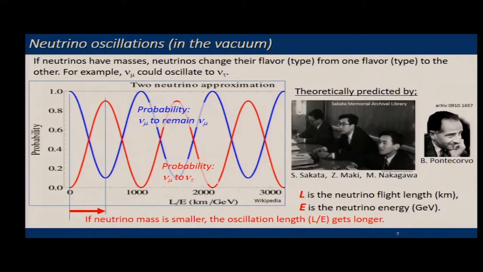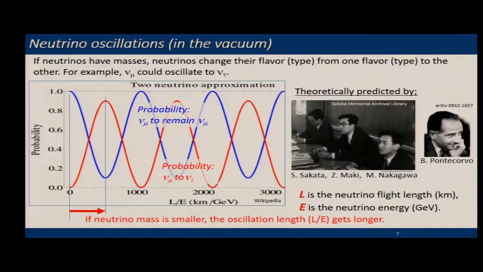I said neutrinos oscillate, but I have not explained what it is. Well, if neutrinos have mass, neutrinos change their type from one type to the other while propagating in the vacuum. For example, a muon neutrino produced at a point may change to tau neutrino after traveling some distance, and if they travel further, tau neutrino changes back to muon neutrino.